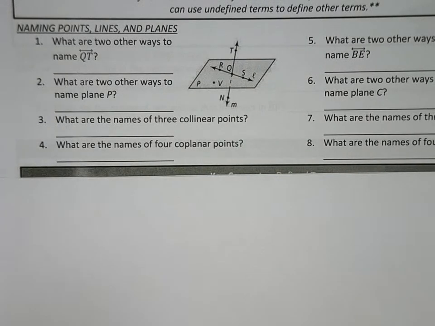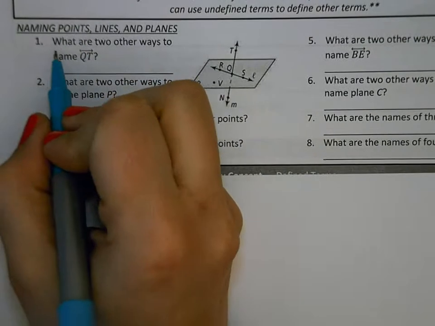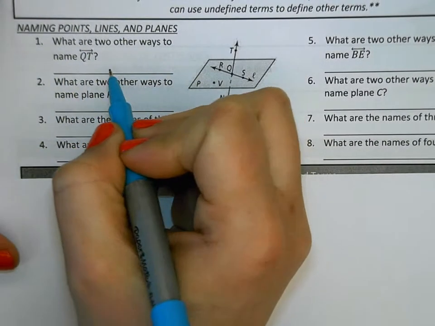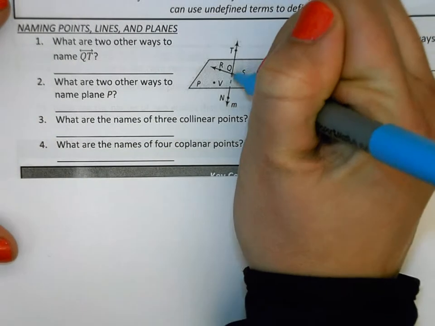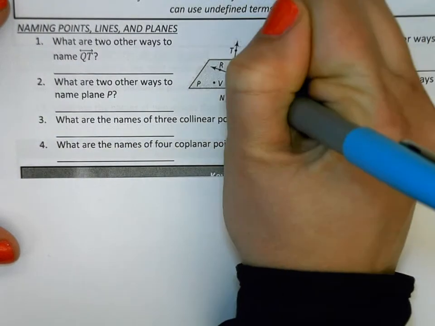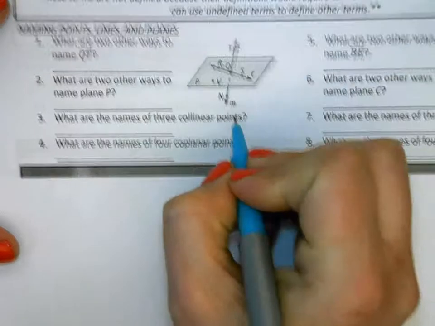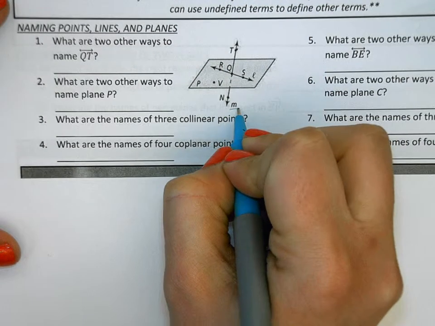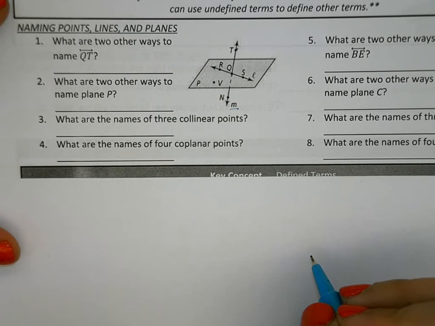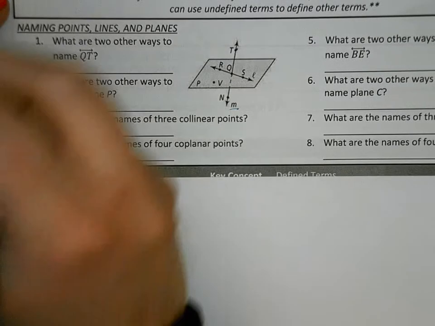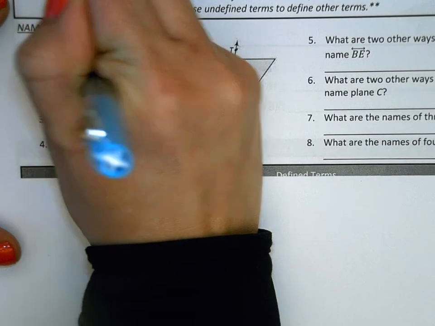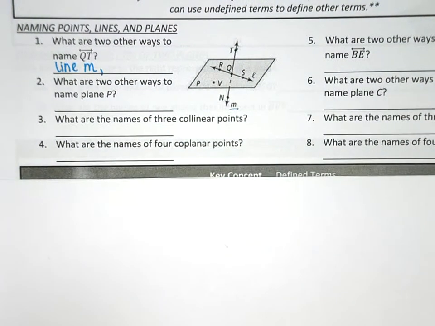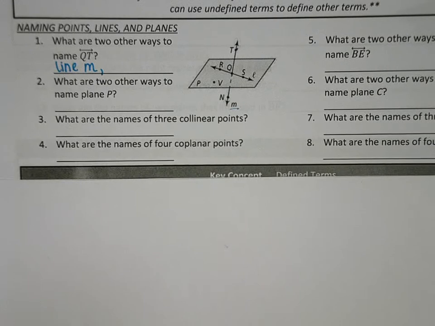So let's talk about number one. What are two other ways to name line QT? So line QT is the one that's going through the plane because it has the points Q and T on it. I noticed that it has a lowercase letter m, so we could call it line M, right? You guys agree? Okay, so I'm going to call it line M. And then we need to name it also using other points on the line.